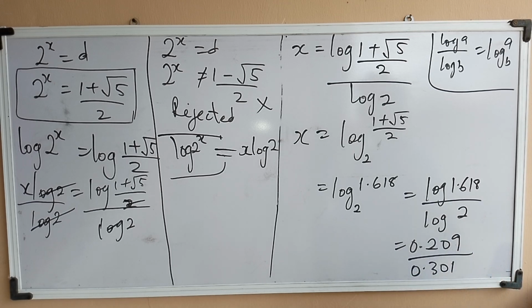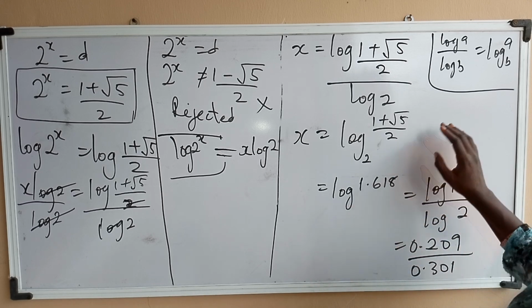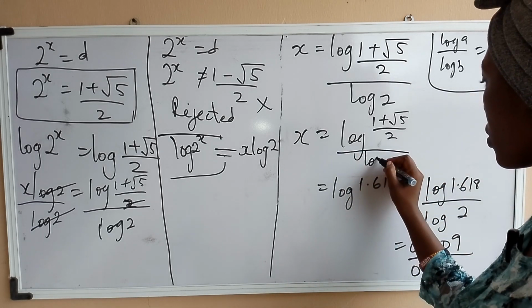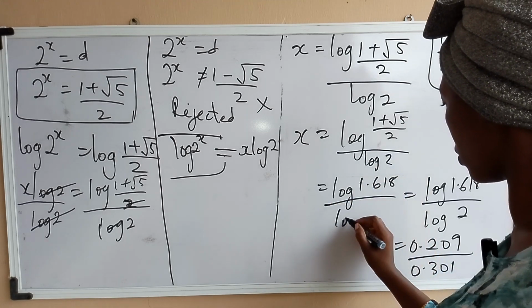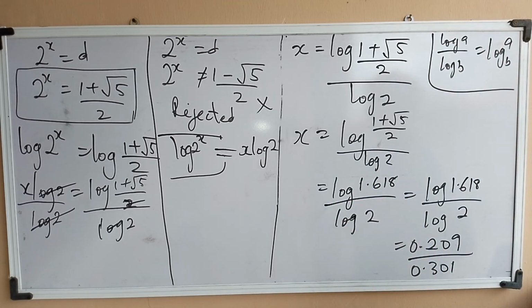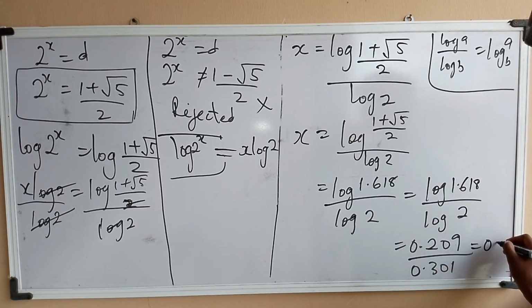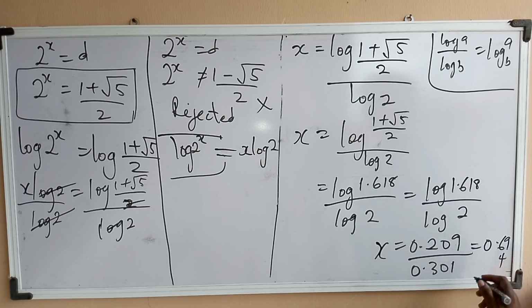So actually, in another sense, there was no need to use this rule. There was no need for that. So when we divide, we're going to have 0.694. So the value for x is 0.694.